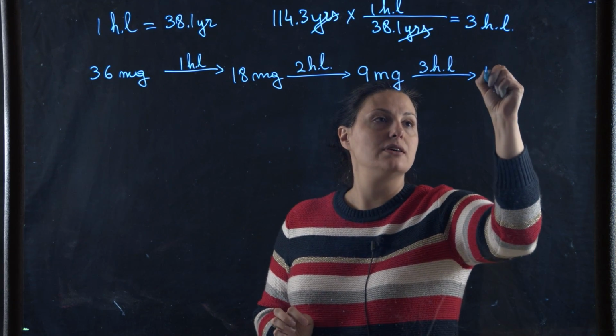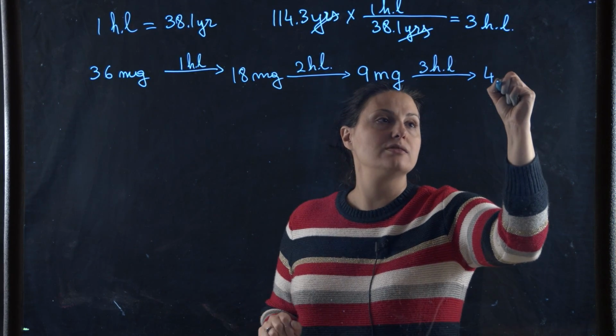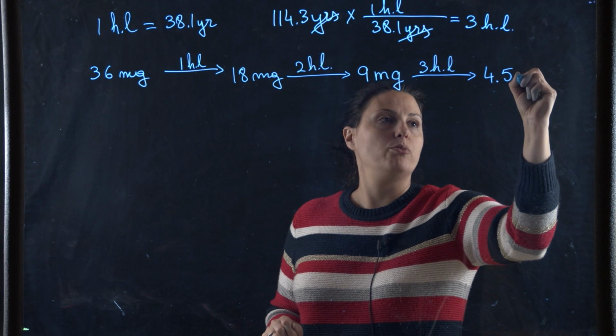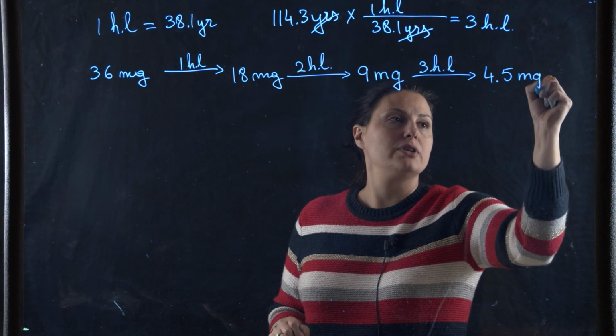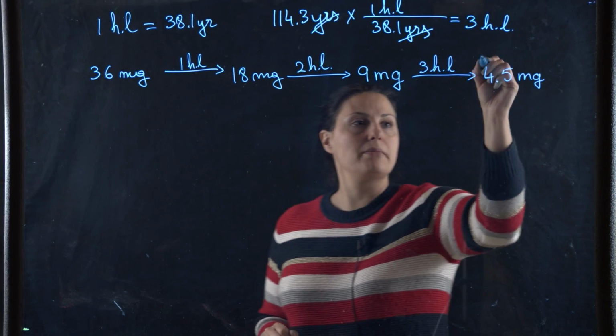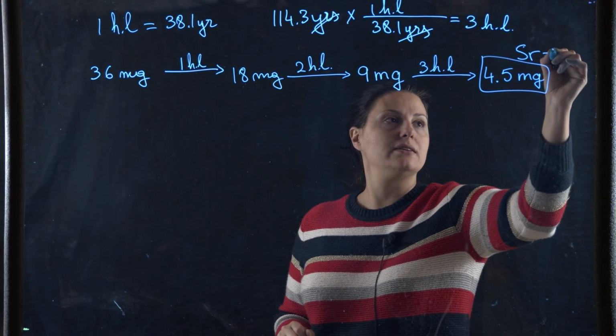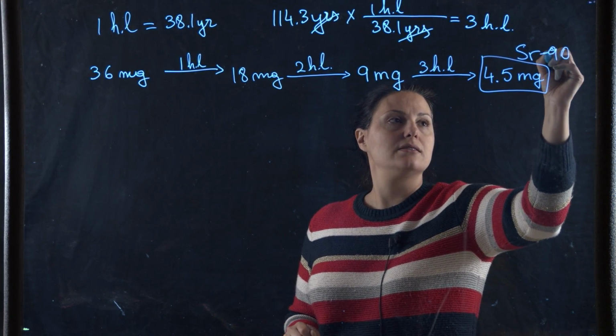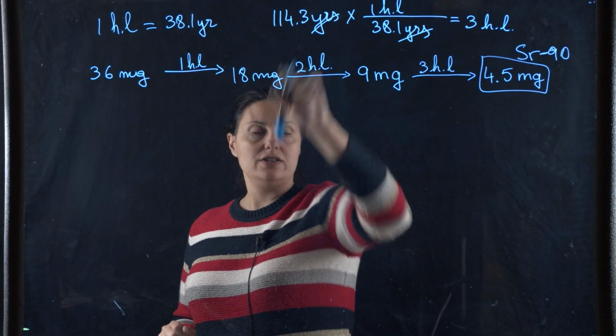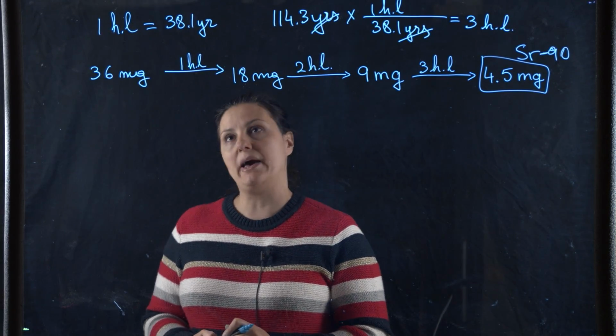I will divide this by 2 once more, and this will be 4.5 milligrams. And that is the amount that I will have left of my strontium-90 after 114.3 years have passed.